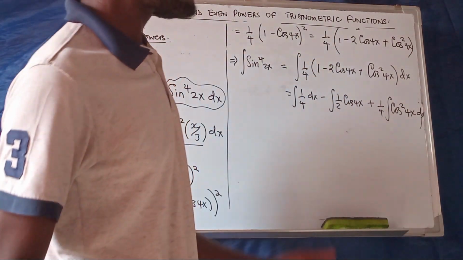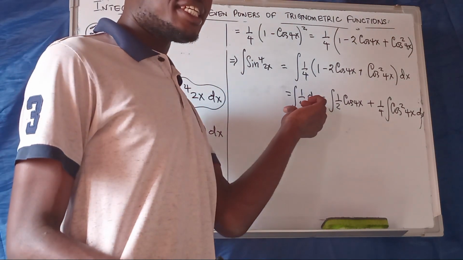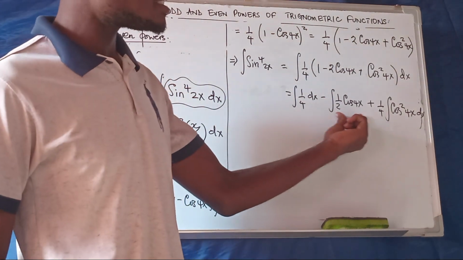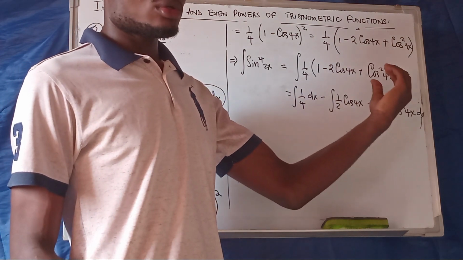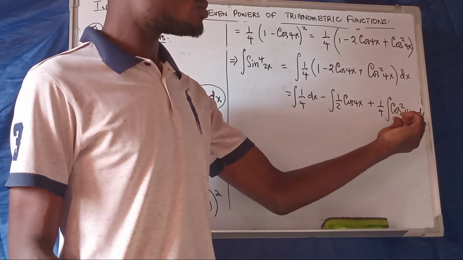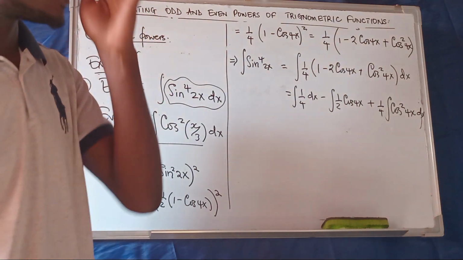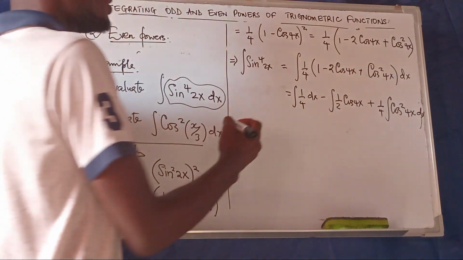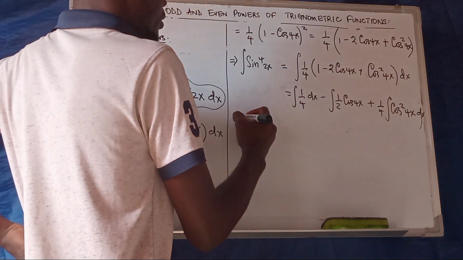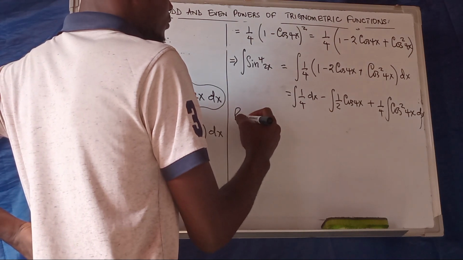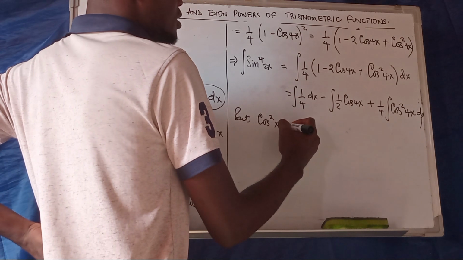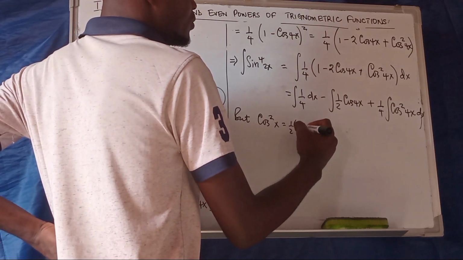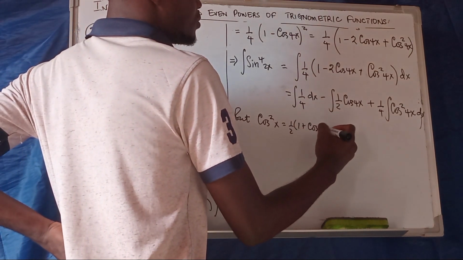Now we can easily get this. We can also easily get this. But remember also this one, we have to express it in double angles. So we know that cos squared x is equal to a half into 1 plus cos 2x.